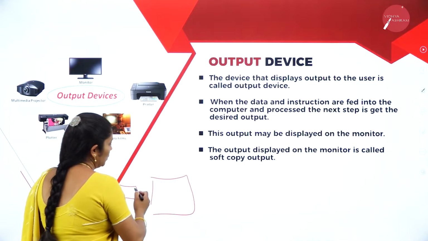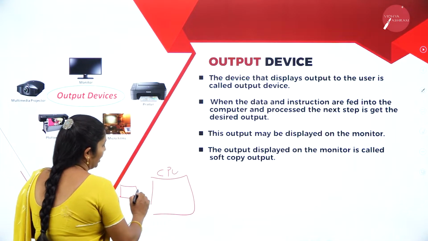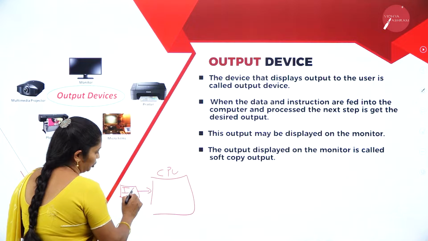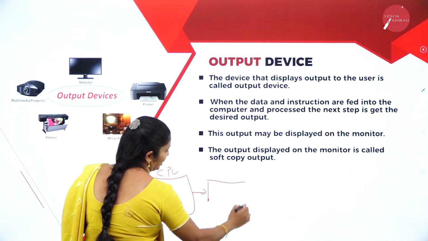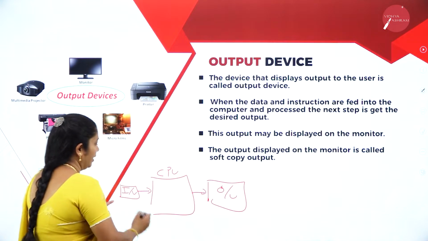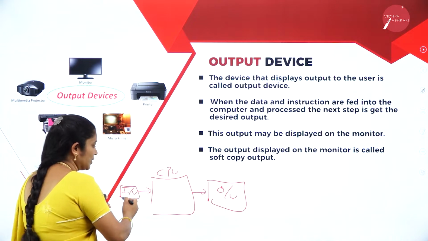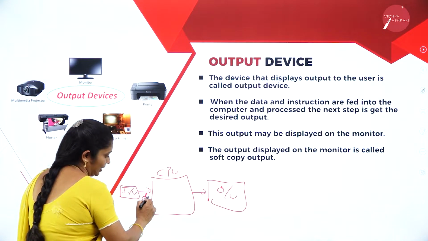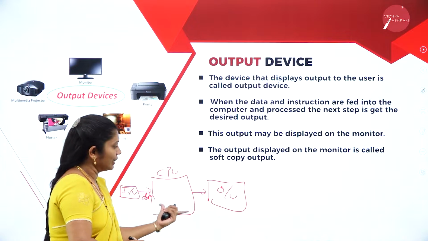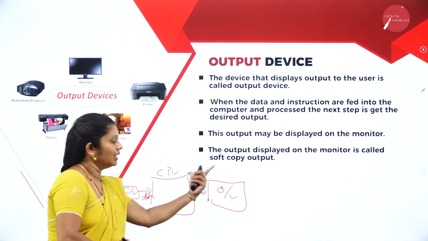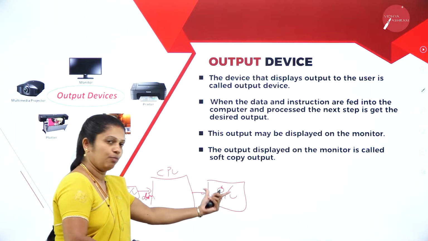We are sending the data here. This is the input unit, and this is the output unit. With the help of the input device, the user can send the data here. After processing, we get the result with the help of the output device.